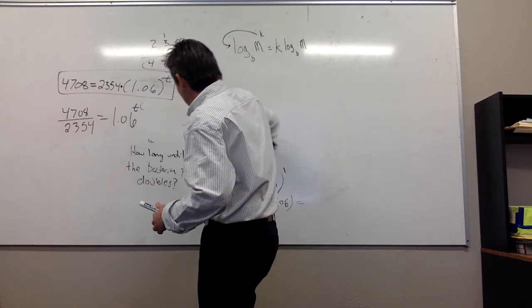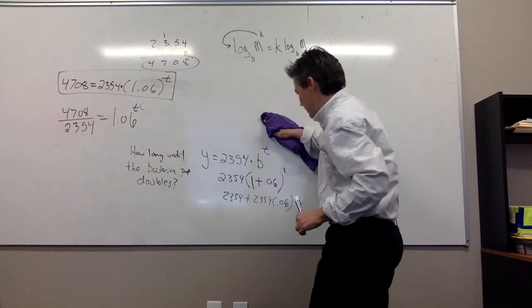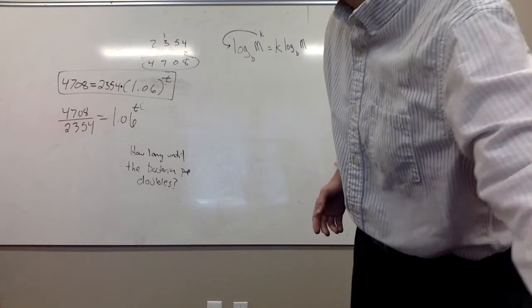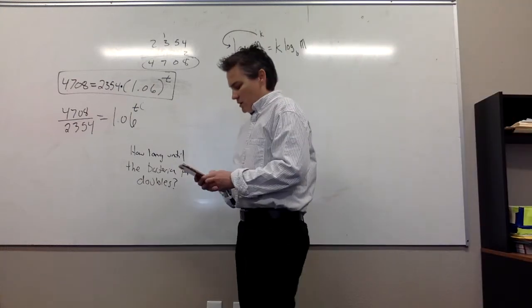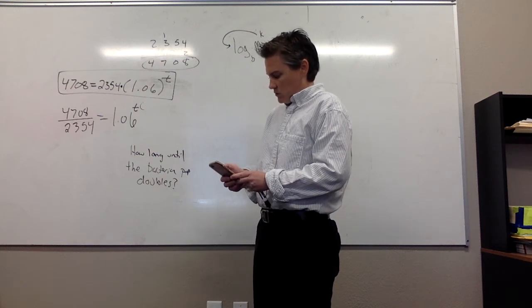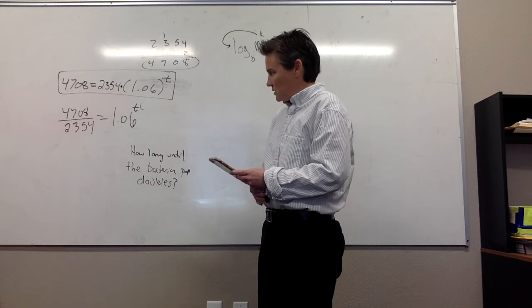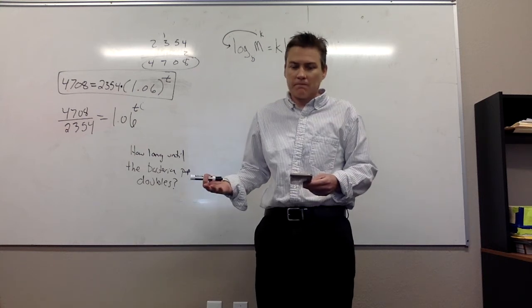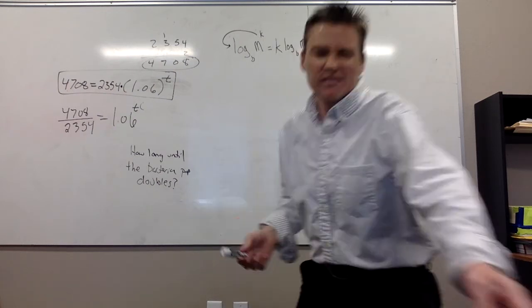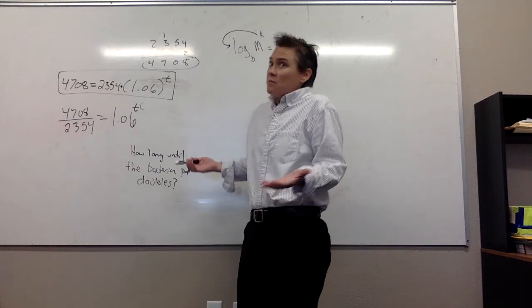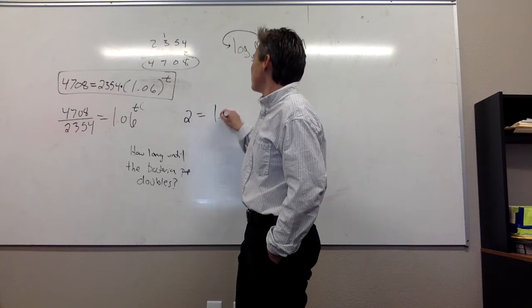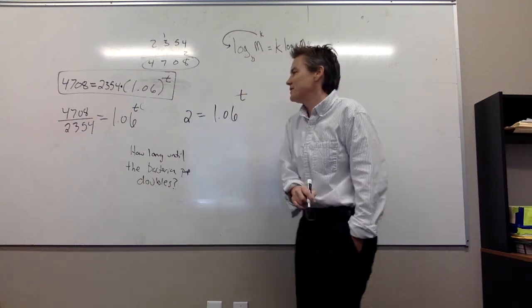What is 4,708 divided by 2,354? That is 2. It should be 2, since we were looking at how long it takes until the population doubles. So 2 equals 1.06 to the power of t.